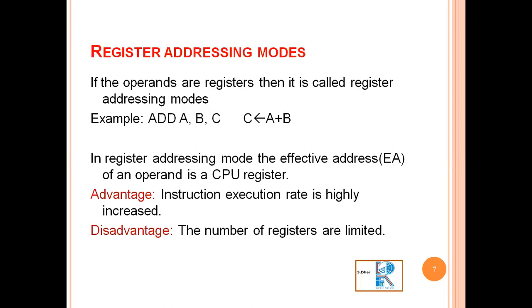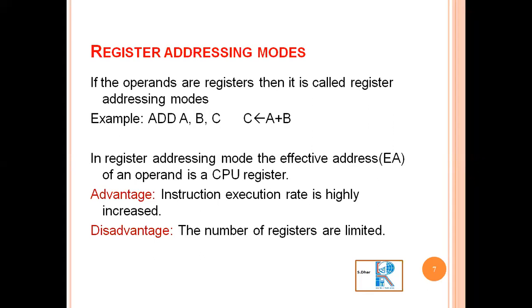That means what is the number of operands you can use in a program? The maximum is 16, because as you are using the register addressing mode, only 16 registers you can use. Clear? So this is one type of disadvantage, because your space is very low.